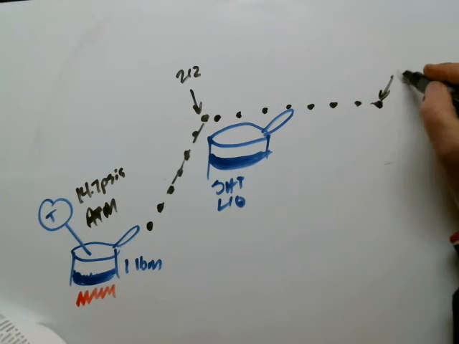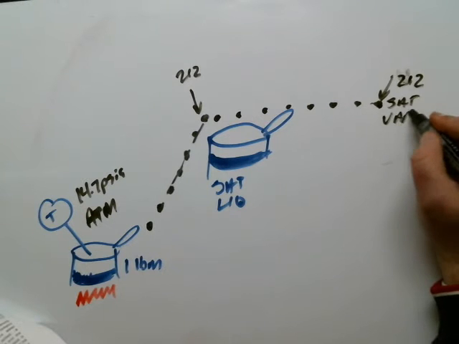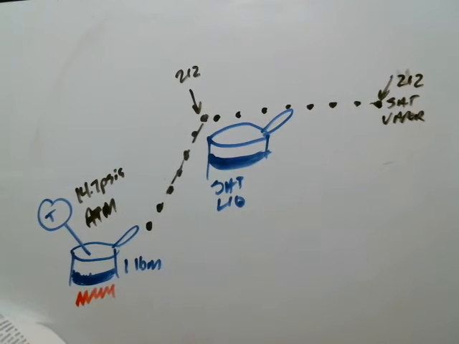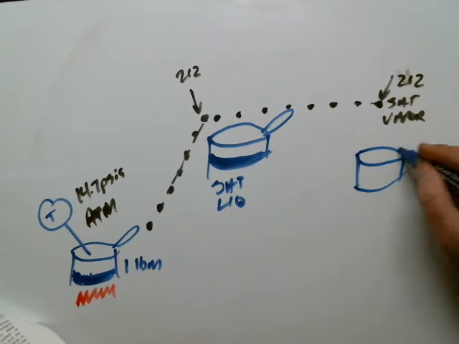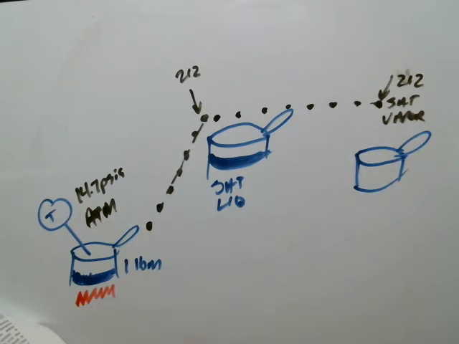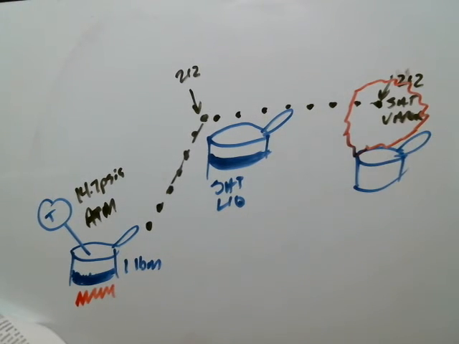And we call this point a saturated vapor. We'll be going over this over and over again. At this point in time, there is no water in the pot. It has all been evaporated to steam.